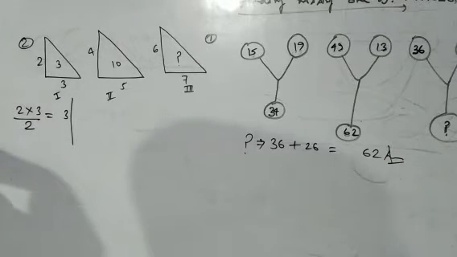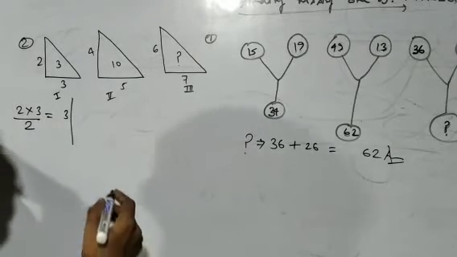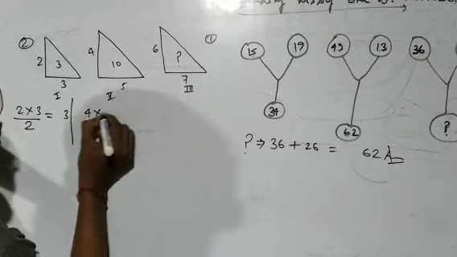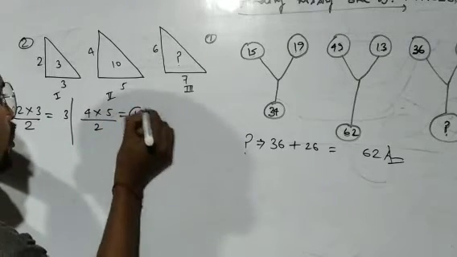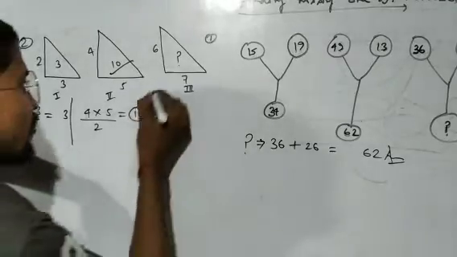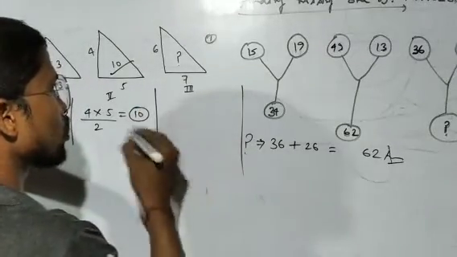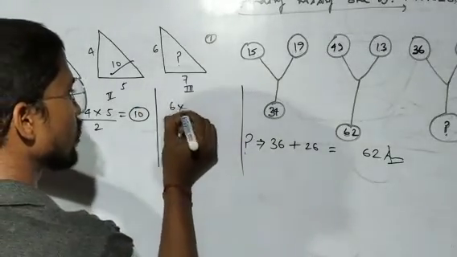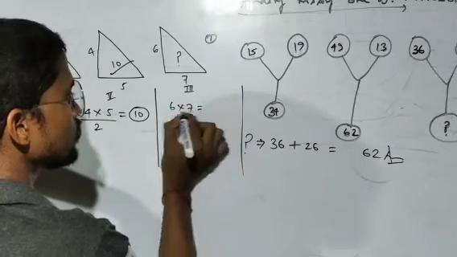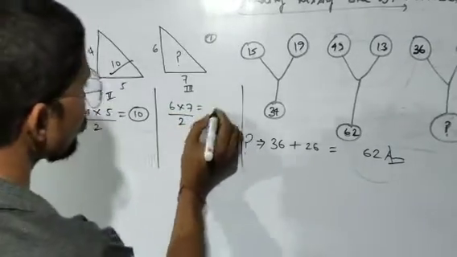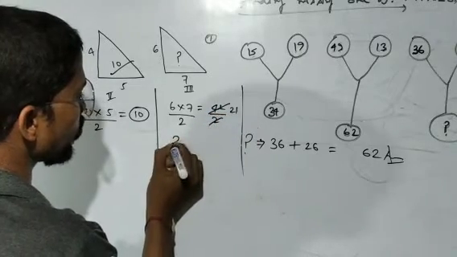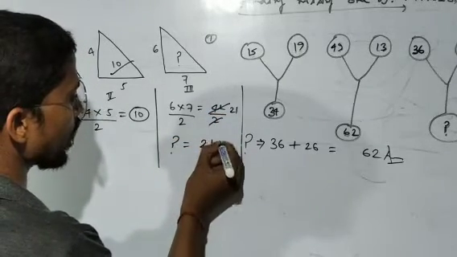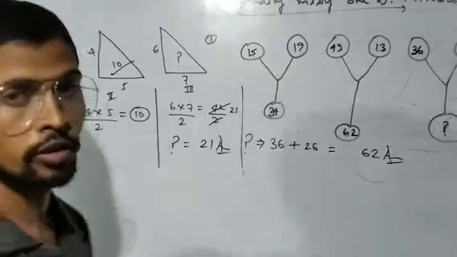For the second triangle, outside numbers 4 multiplied by 5 divided by 2 gives the middle number 10. Then for the third triangle, 6 multiplied by 7 equals 42, and divided by 2 we get, according to the place of what, 21. Understand?